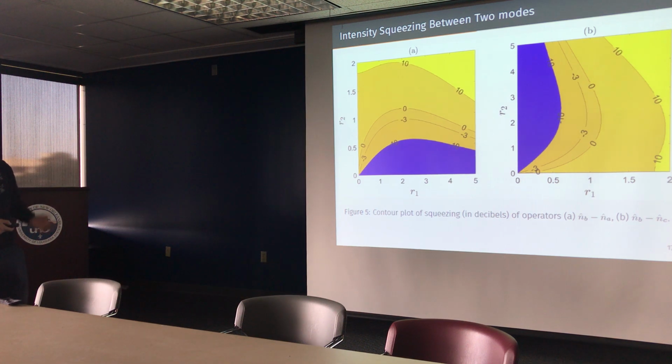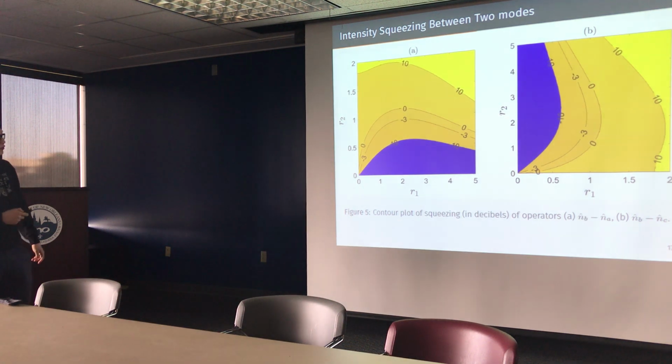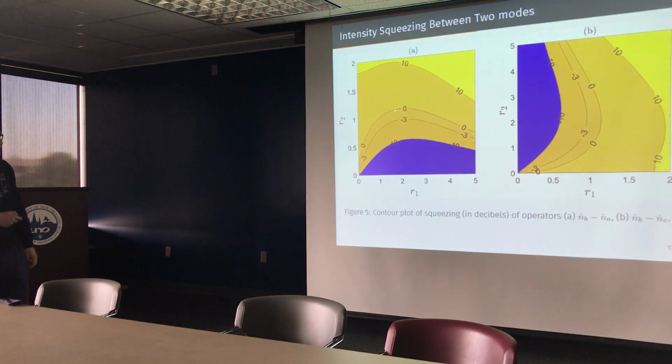So for the 2 operators that can be squeezed, NB minus NA and NB minus NC, here are some plots of the squeezing with respect to R1 and R2. So for NB minus NA, the region below the 0 line is the region where it is squeezed, and for NB minus NC, the region to the left of the 0 line is where it is squeezed.